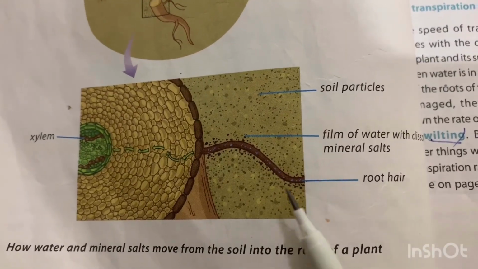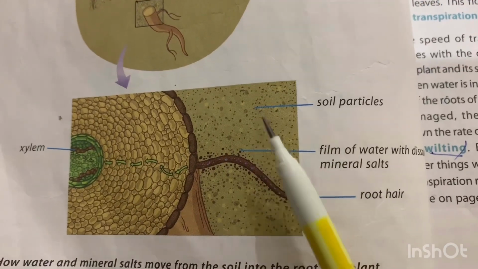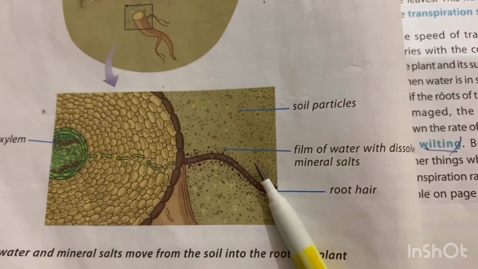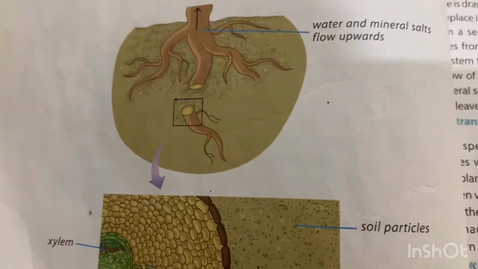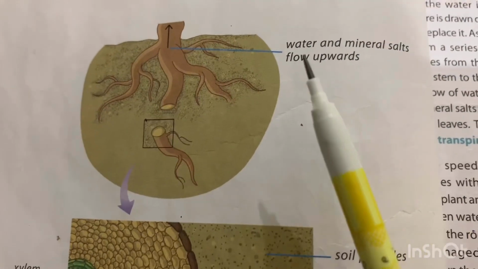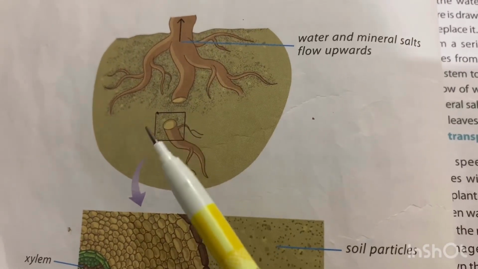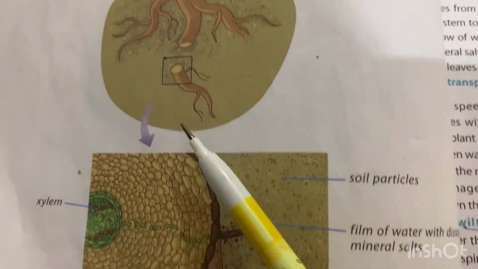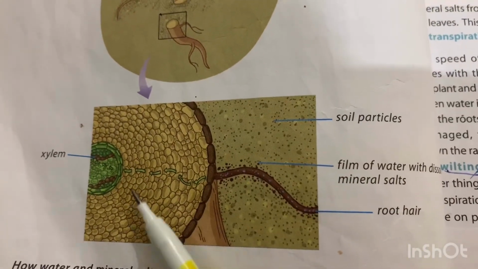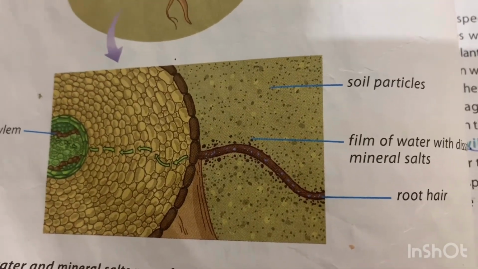This is the root, this is the xylem part, these are the soil particles, and this is the film of water with the dissolved mineral salts. The water and mineral salts flow upwards. They have cut a section and elaborated the picture so you can see properly what's actually happening inside it.